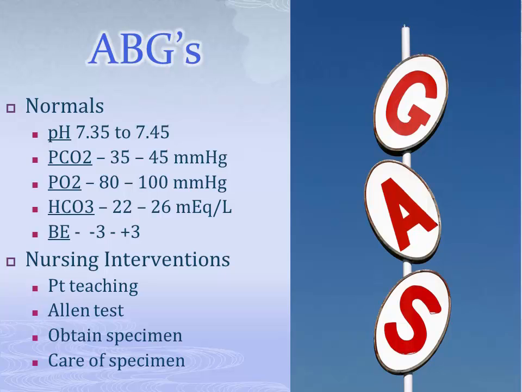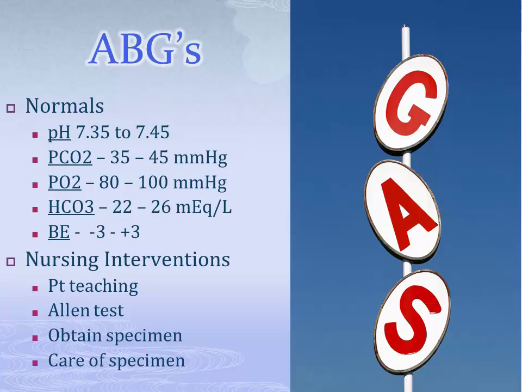Obviously we know a patient with COPD or pneumonia is going to be at increased risk of respiratory acidosis. A patient who is hyperventilating has increased risk of respiratory alkalosis. So the respiratory is fairly easy to see.